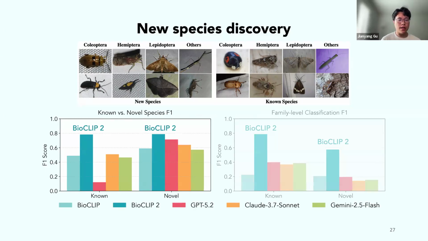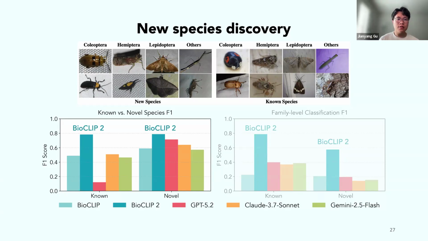So firstly, we show that for classifying whether a species is known or novel, BioClip 2 has really high performance, almost 80% accuracy. Oh, sorry, it's an F1 score of almost 80%, and we noticed that GPT 5.2 has very good performance on novel species detection as well, but at the same time, it performs really poorly on non-novel species classification.